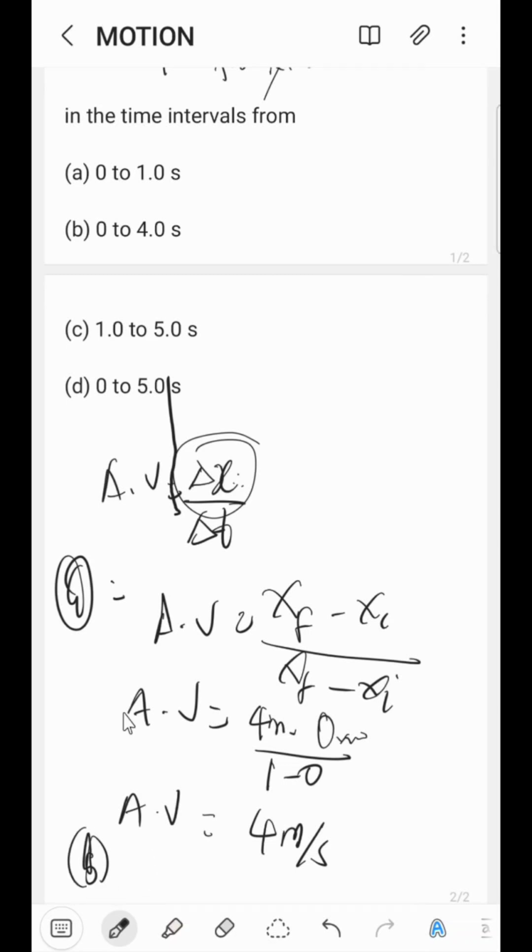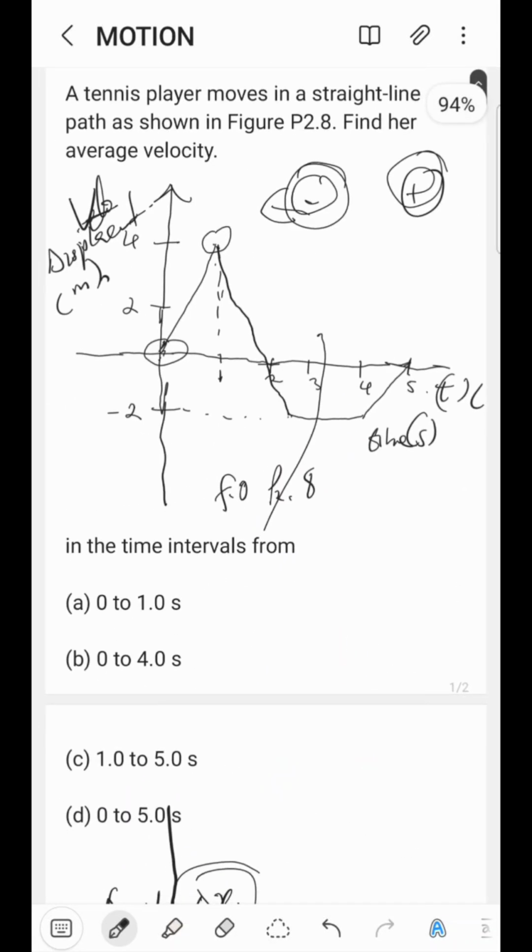Okay, so B, you have 0 to 4 seconds, right? 4 seconds is here. Again, with velocity you stick to final and initial. It does not matter what path you traveled, what path length you took, as long as you have final and initial points, you get that when you are finding velocity.